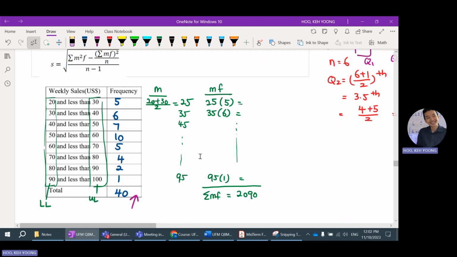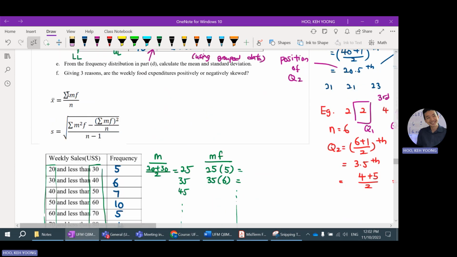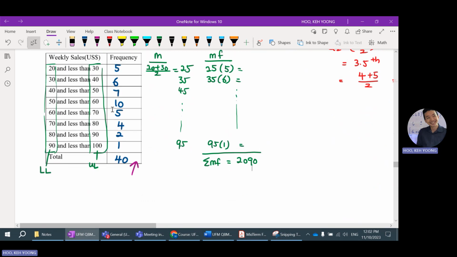Okay, so after you got this, take the total MF divided by N. N is your total frequency. So your sample mean will be equal to 2090 divided by 40.